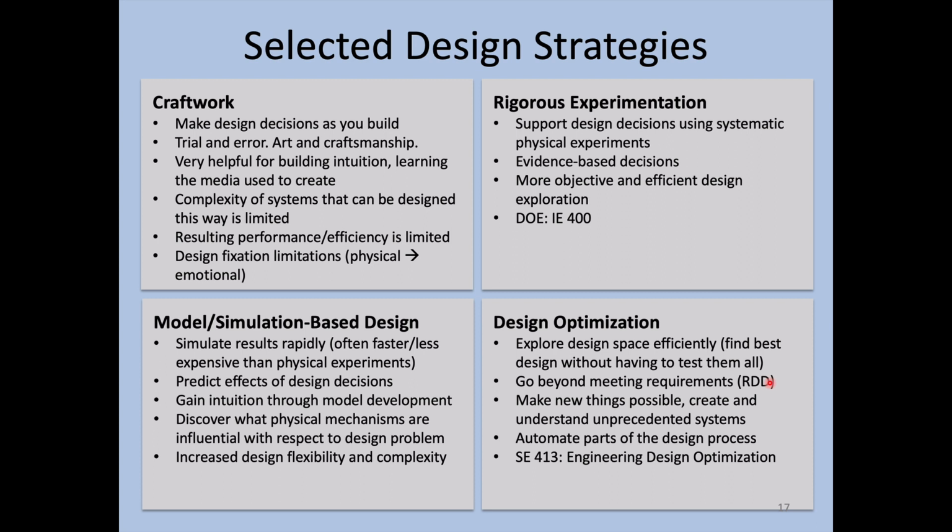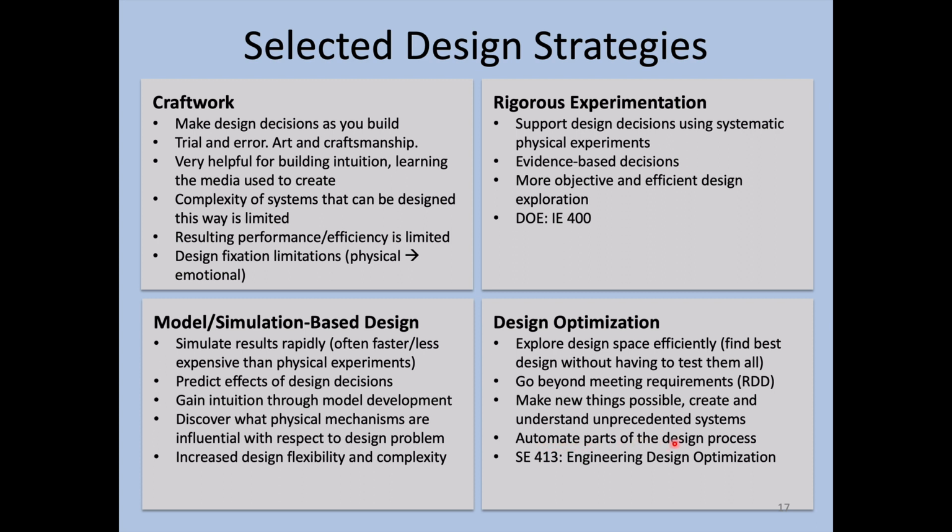So in design optimization, we are trying to exploit some of the flexibility we have in a design problem to improve the value of the design. It's ideal if, using design optimization, we can even make some new things possible, new functionality that was not possible using conventional design approaches, so that we can create and understand unprecedented systems.